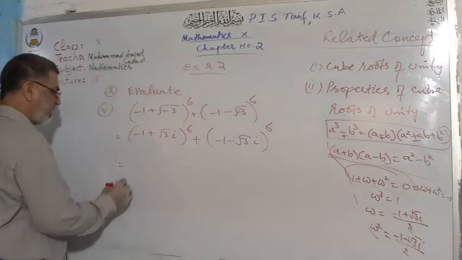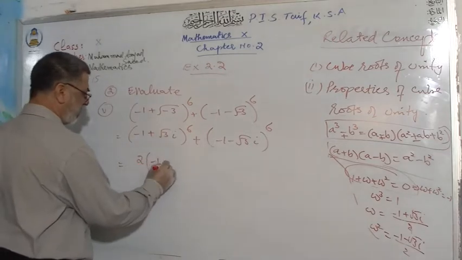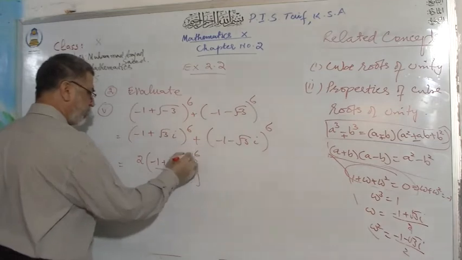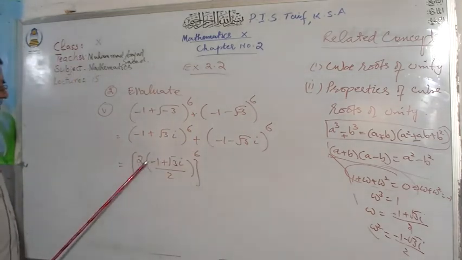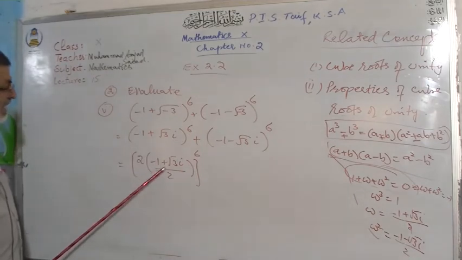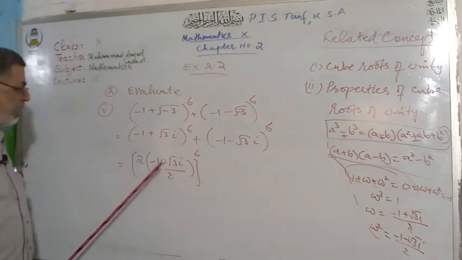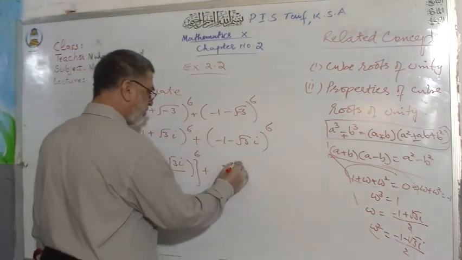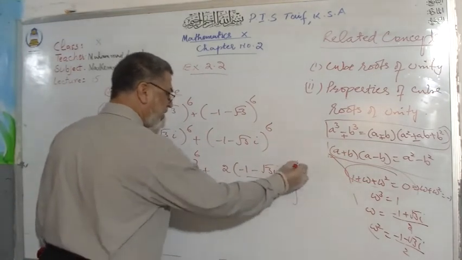Okay, dear students, multiply above and below by 2 in this way. Multiplying above and below by 2 to get the proper shape of omega. Similarly, 2 into minus 1 minus 3 under root iota over 2 whole power 6.